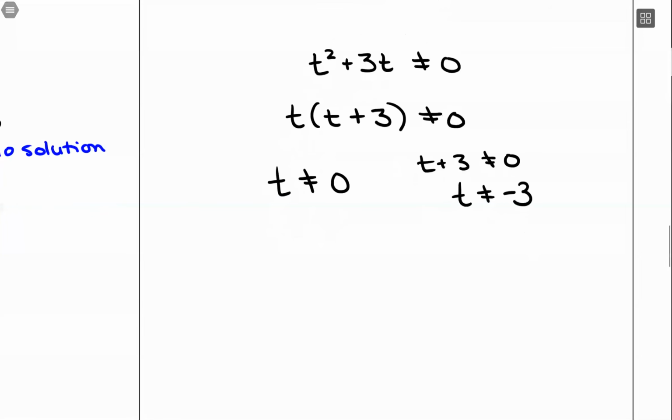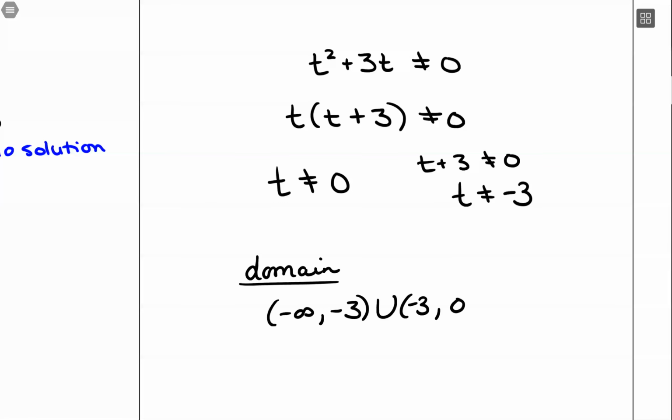So I can have everything from negative infinity up to negative 3, but I want to skip over negative 3. And I can have everything up to 0, but I want to skip over 0, and then we can go off to positive infinity. So we go from negative infinity up to negative 3, then from negative 3 up to 0, and then from 0 off to infinity.